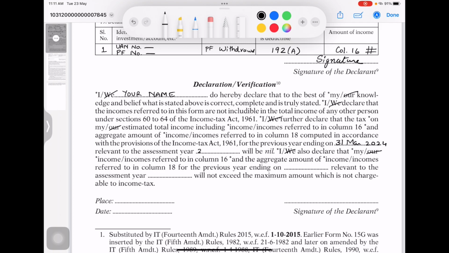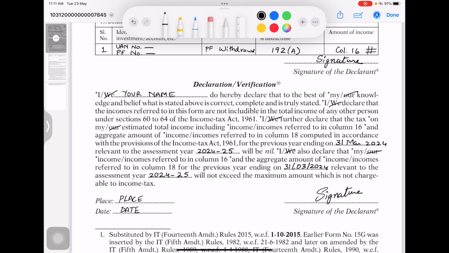So assessment year is going to be 24-25. Why? Because assessment year comes after the financial year. So again, 31st March 2024. And this is going to be 2024-25. Write the place where you're situated, the date, put another signature, and that's it.